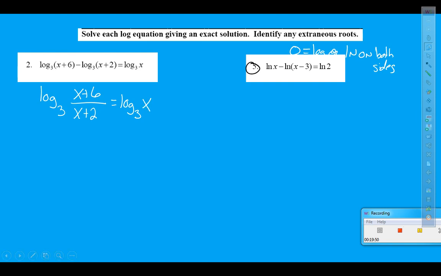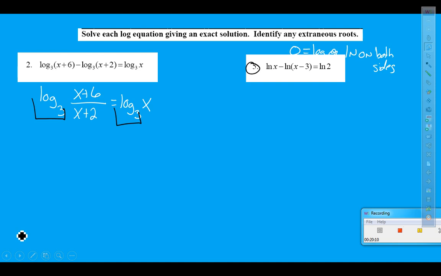I'm going to pause at this moment because you've done some good things already. Notice that here's log base 3 and here's log base 3. All I need to do now is set this argument equal to this argument. I can ignore the log base 3.